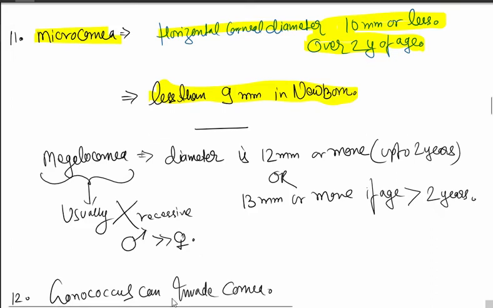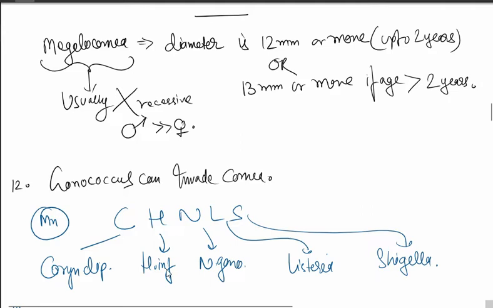Okay, now megalocornea. Diameter is 12 mm or more up to 2 years, or 13 mm or more if age is more than 2 years. 2 साल तक अगर 12 mm है, that is megalocornea. 12 mm या more 2 साल तक, then it is megalocornea.